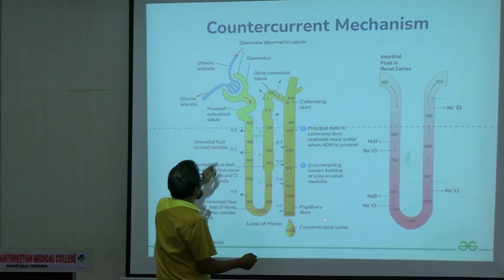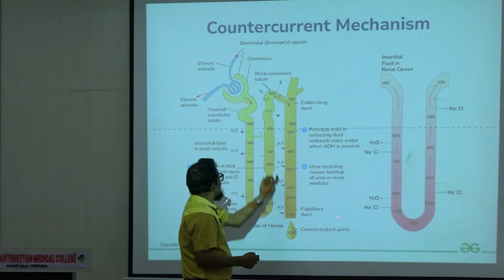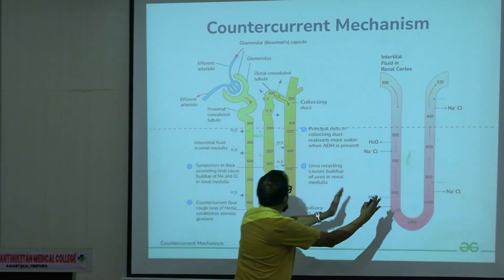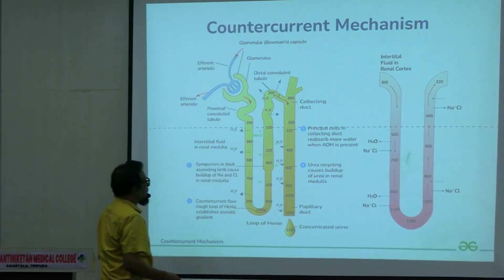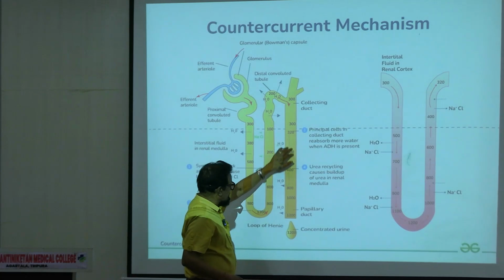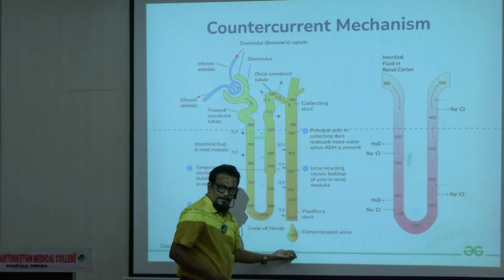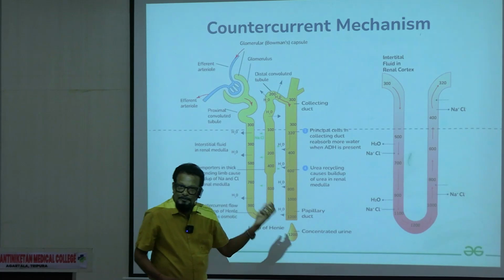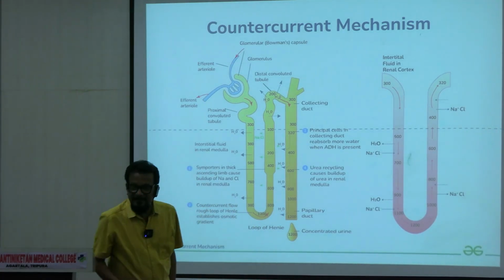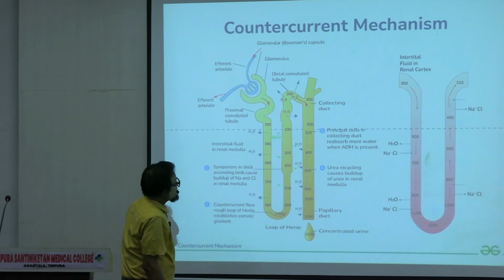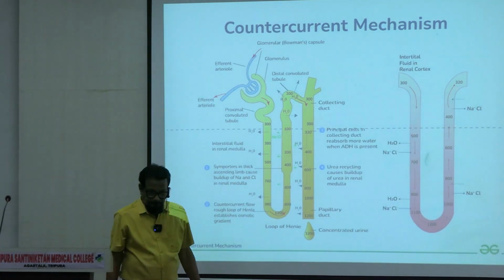They will be aligned here along this tubule. They are fitted here. Okay, and this is the collecting tubule, the papilla, where urine is formed, entering into the minor calyx, then into the major calyx.